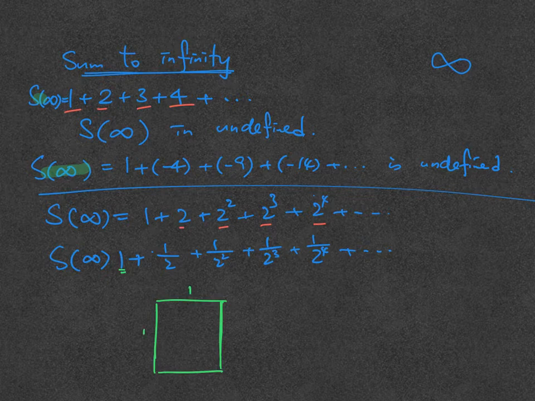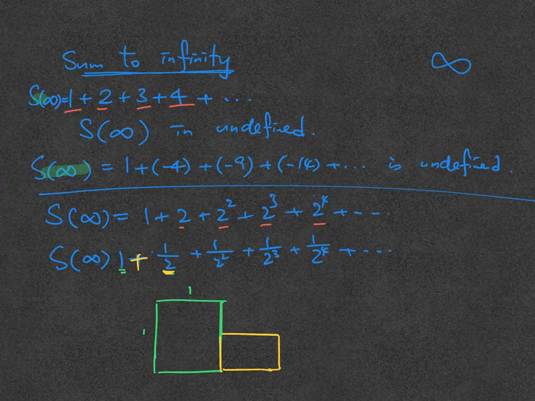The length is not really a matter; I just want a square of area 1. And what do we mean by 1 over 2? Maybe I change to yellow. 1 over 2 means half of the area of the previous one. Naturally, this time it goes to a rectangle. Addition means you put the figures together. Now you have a shape like a staircase, maybe.